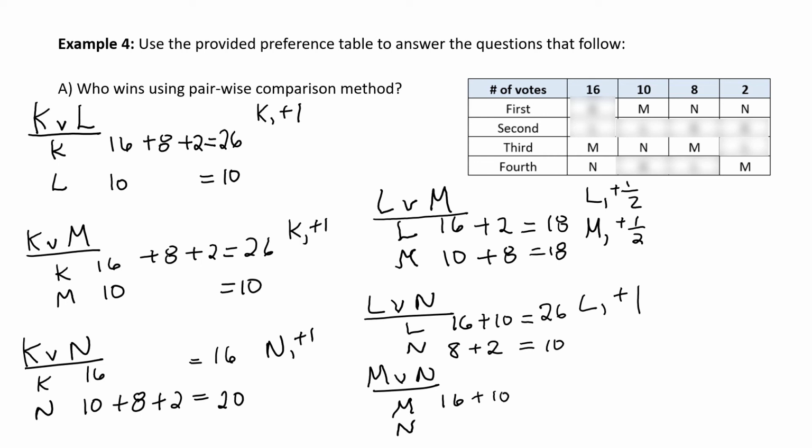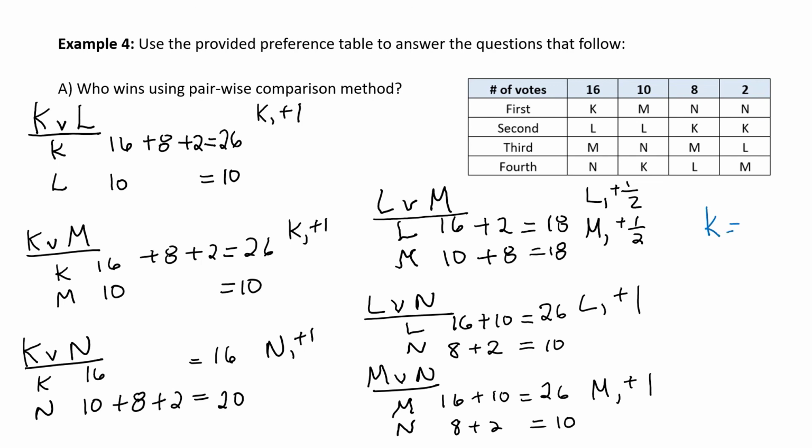On the third and fourth, N is in first place on both, so that'll be 8 plus 2. That's 26 to 10. So in a head-to-head competition between M and N, M wins. That's plus 1.